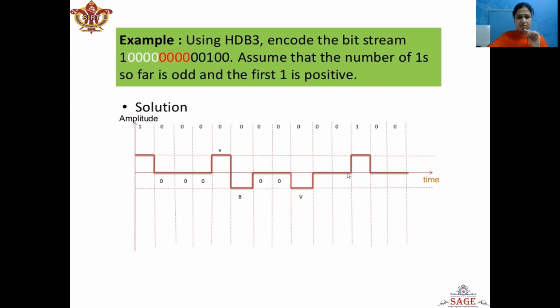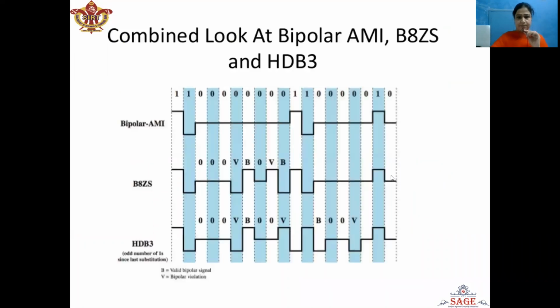Then 00 is represented by 0 pulse. Then 1 is represented by positive polarity because it follows the AMI rule and is the inversion of the negative polarity. So again 2 zeros, which will be shown by the 0 voltage.